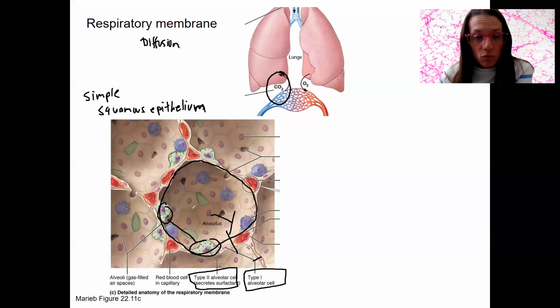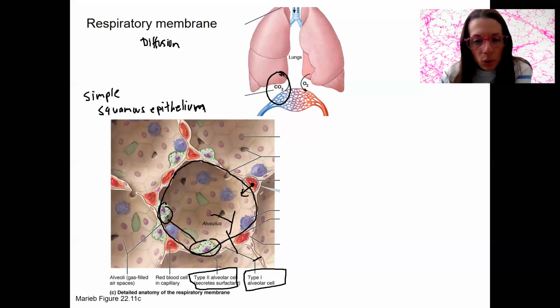Other features here, right, this is an air-filled sac that the air is refreshed from the environment, from the atmosphere, all the time. We'll get into pulmonary ventilation, the exchange of those gases from the atmosphere, later. What happens at the alveoli, the whole purpose of this respiratory membrane, is to allow for gas diffusion, a high surface area, for gases to cross into the bloodstream and back.